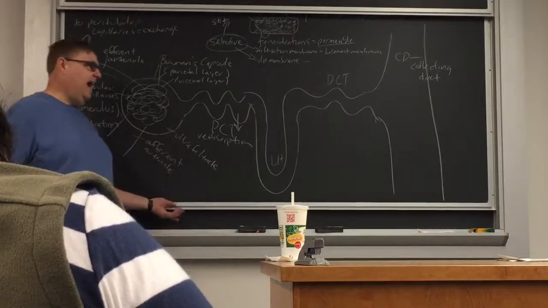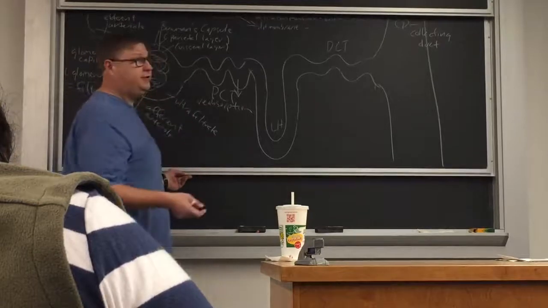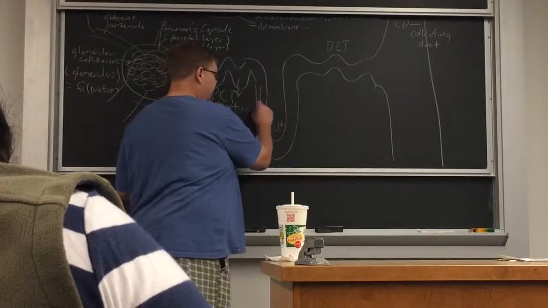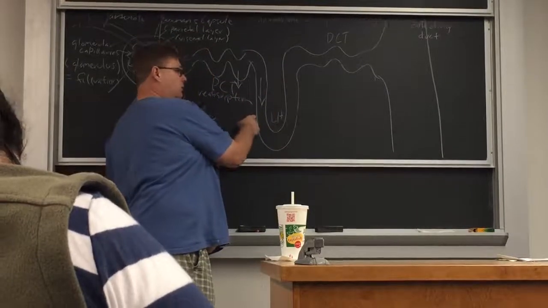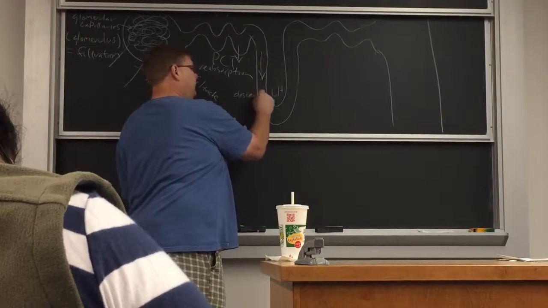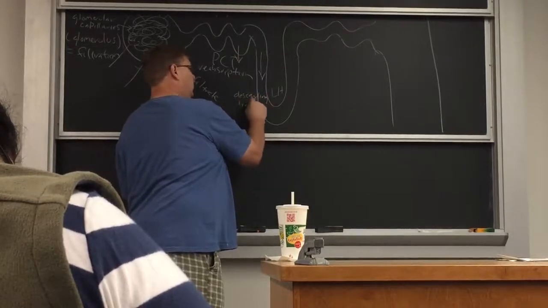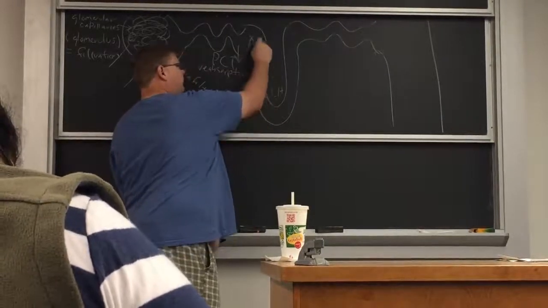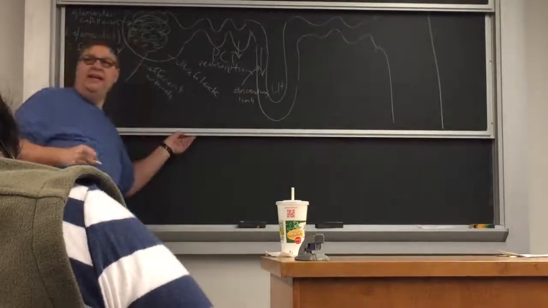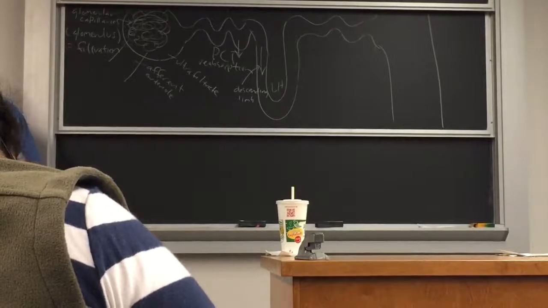Now the loop of Henle has 3 different parts to it. And each part is very different in terms of what happens physiologically. The part that goes down, not surprisingly, is called the descending limb. So the descending limb is the part where the fluid goes down. The descending limb is very unique in terms of its structure.